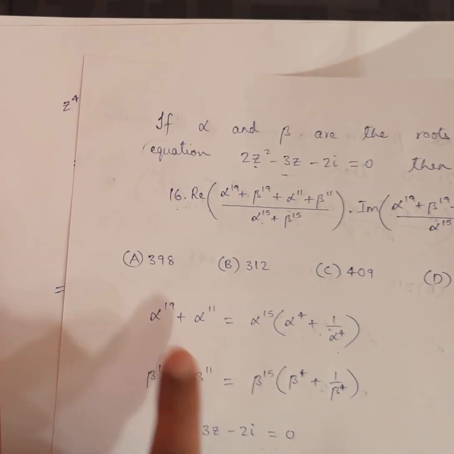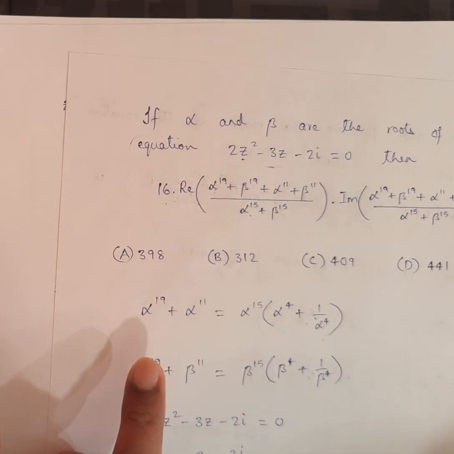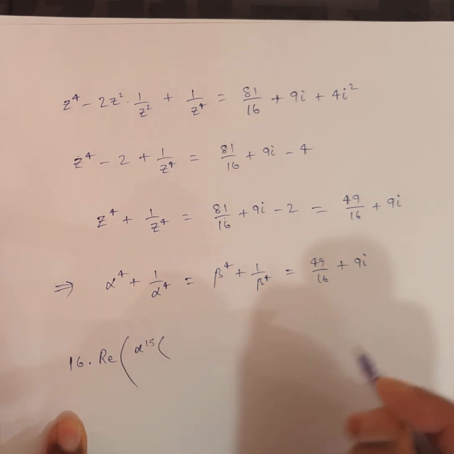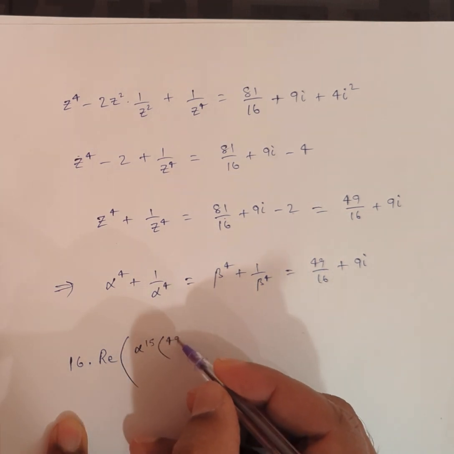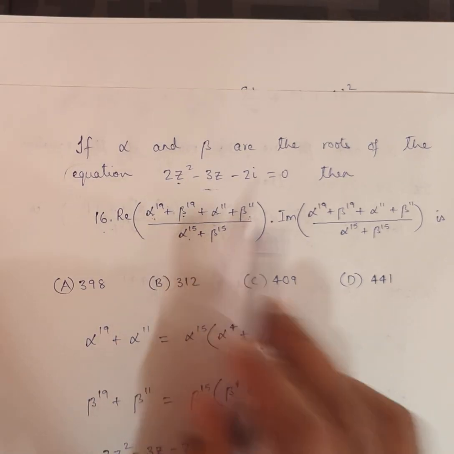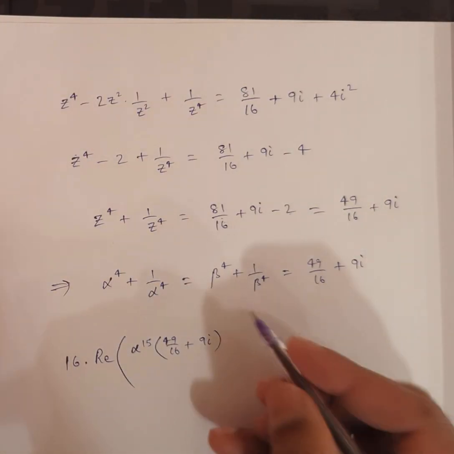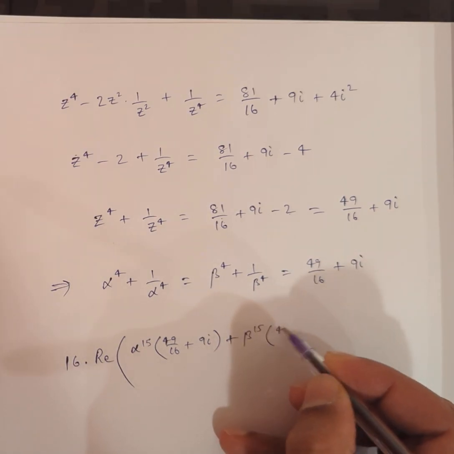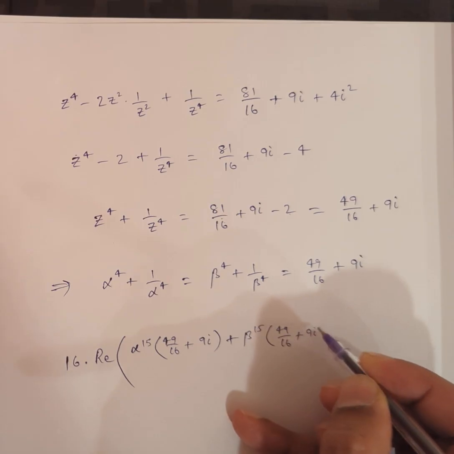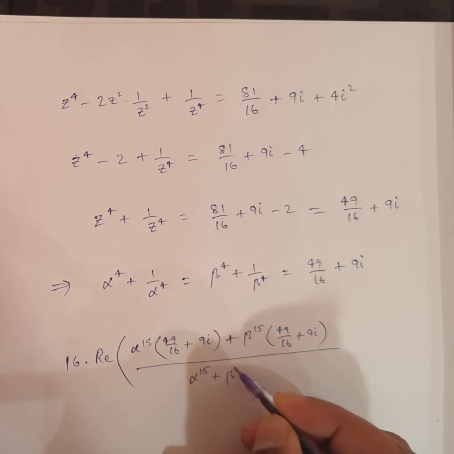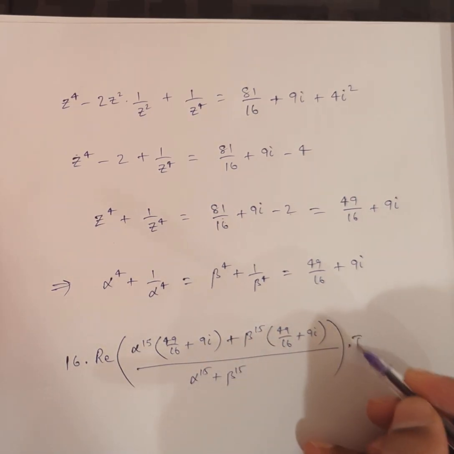So these two terms give alpha to the 15 times this expression, 49 over 16 plus 9i, and these two terms are also going to be the same, beta to the 15 times 49 over 16 plus 9i, over alpha to the 15 plus beta to the 15, times the imaginary part.